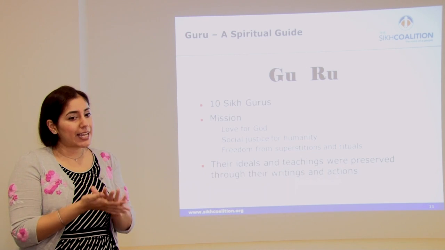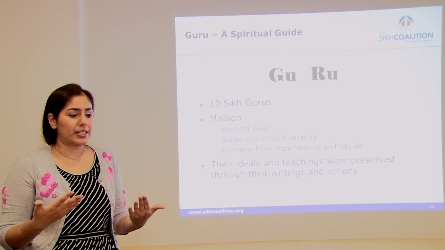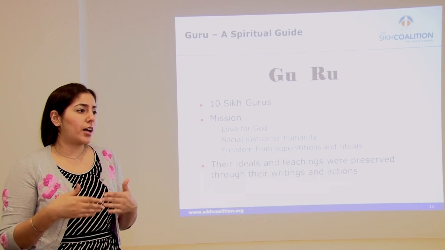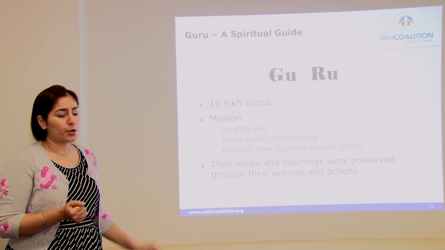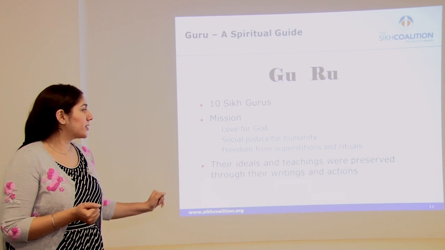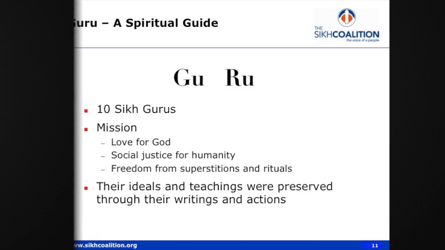There have been 10 gurus in the Sikh tradition, and they've all preached a message of love for God, social justice for humanity, and not believing in superstitions or rituals. Their guidance and their teachings were all preserved in our scripture.